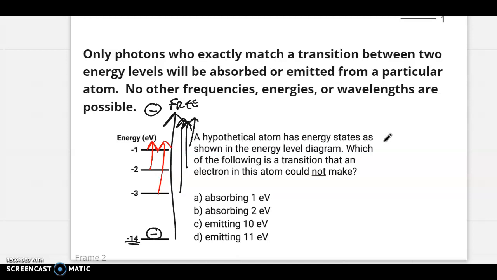How about C, emitting 10? Well, you can look hard, but you're not going to be able to see a transition of 10. So that's not going to be there. Emitting 11? Oh yeah, you could emit 11. That would be right here. See, emitting, so we're going down to a lower energy level. And so this is the wrong one, so that's why we're picking it.